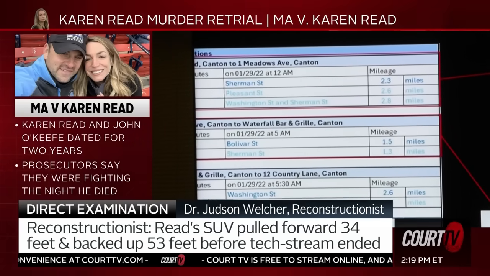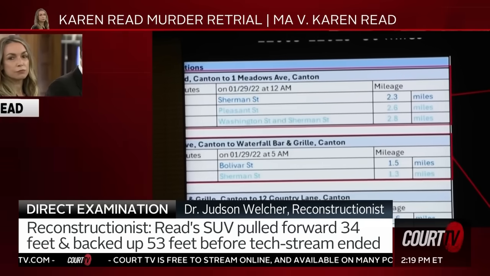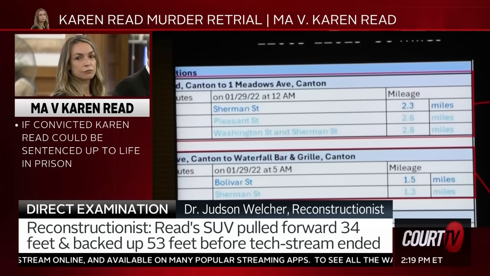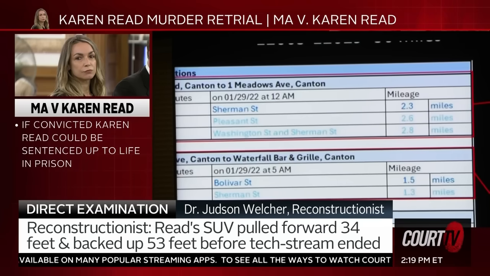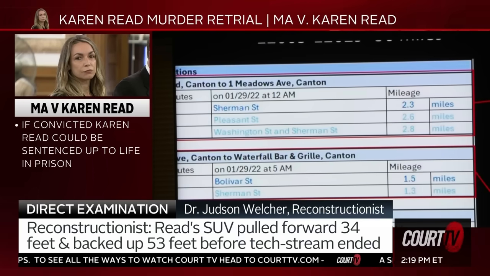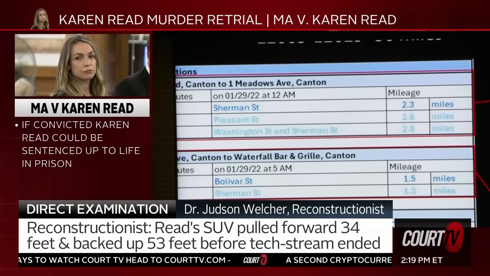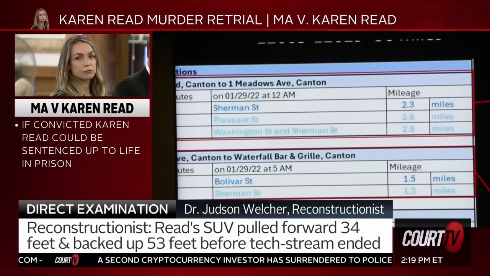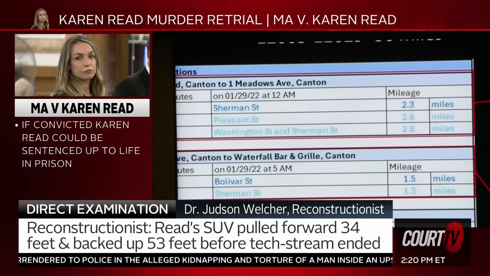When you considered the shortest route, 2.3 miles on Sherman Street, did you attempt to determine how long it would take to travel 2.3 miles, how fast the car would have to be moving or how slowly it would have to be moving to travel 2.3 miles in 4 minutes and 15 seconds? Yes. And what did you determine?